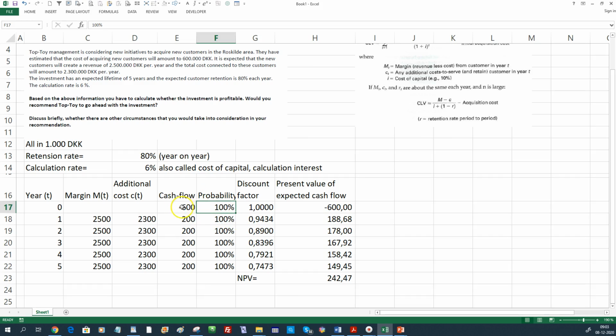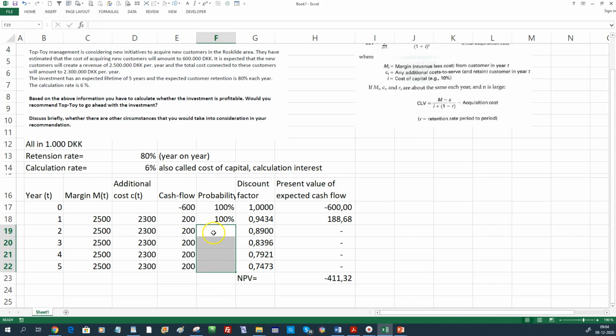So there's a 100% probability that you will have to spend this money. And you also assume that in the first year of doing business, you will have the customer. You just made a contract with them. So you'll get 200 out of that. But what is different here is that there is some risk in each of the following years that you lose the customer. So there's not 100% probability that you still have them.